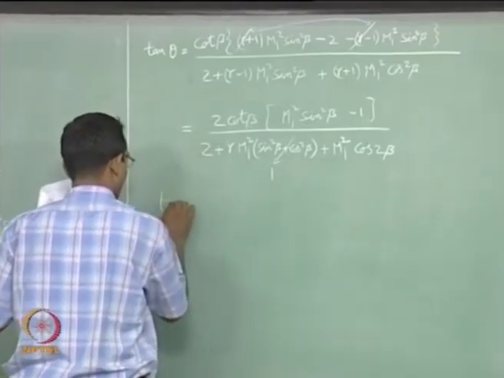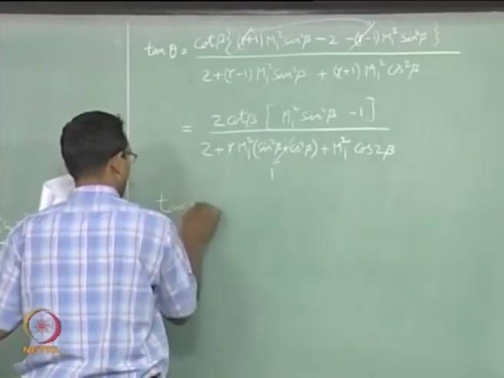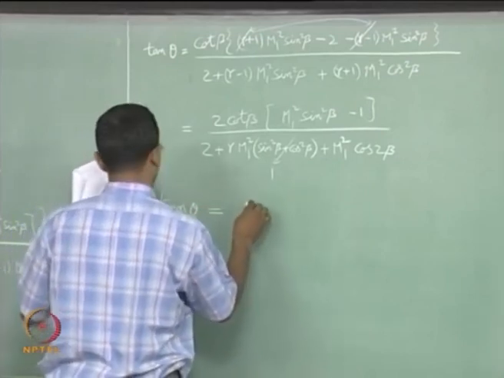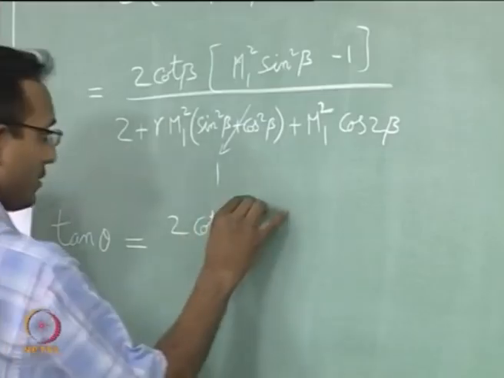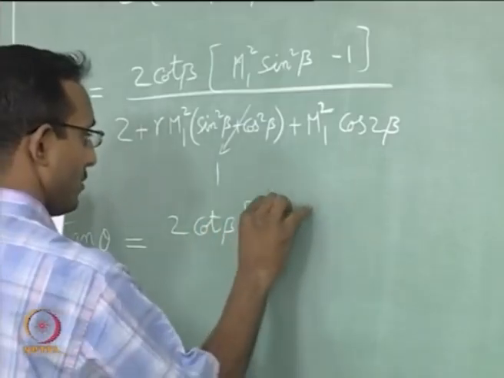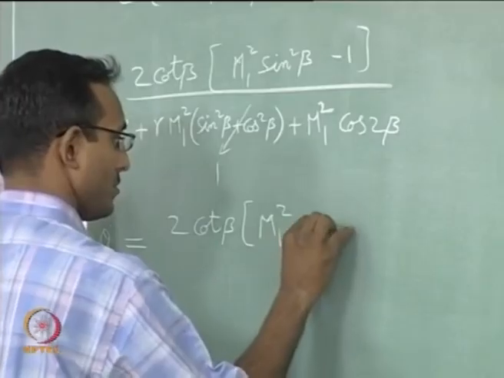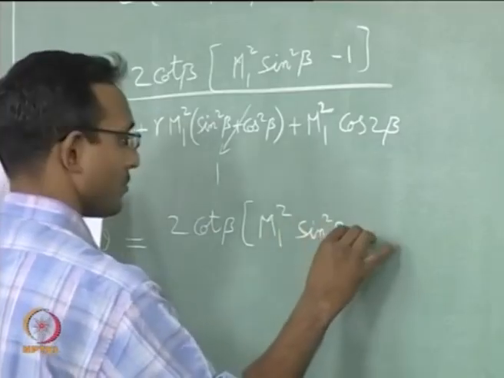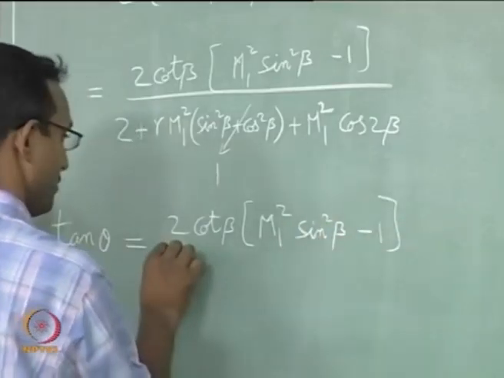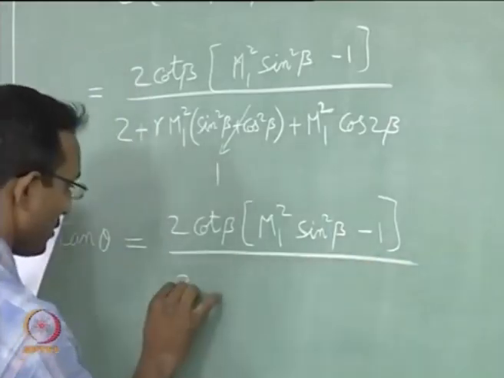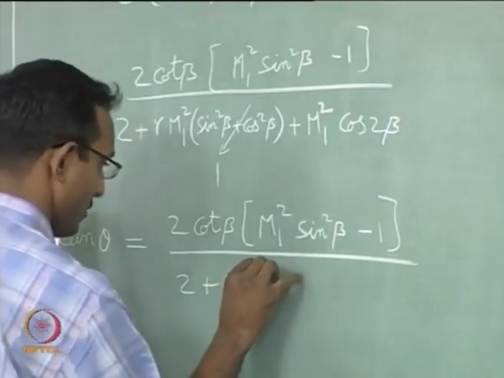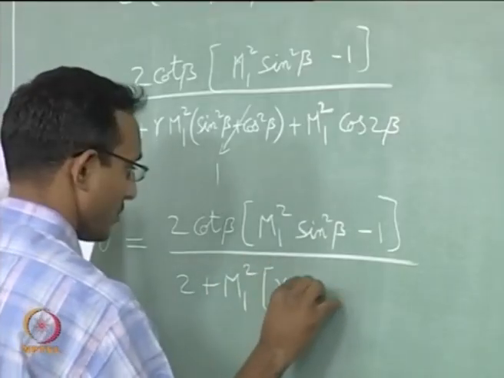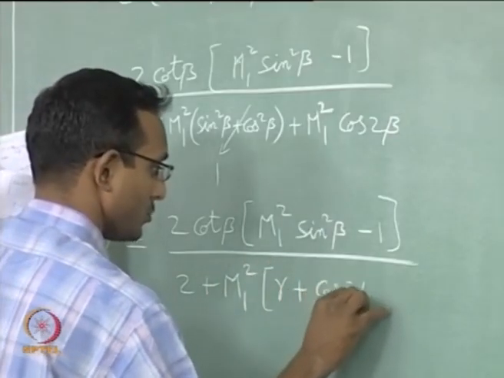So, I will have tan theta equal to 2 cot beta multiplied by m1 square sin square beta minus 1 divided by 2 plus m1 square times gamma plus cos 2 beta.